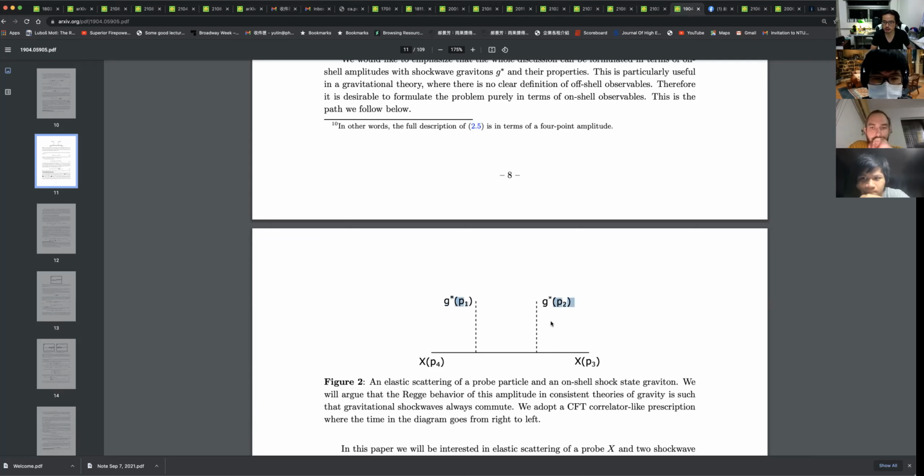So this is strictly speaking not a 4-point amplitude. But this is, however, actually a 6-point amplitude, because you can consider the limit where this is coupled to the source that emits this shockwave graviton. So you can think of there's another source here, and another source here, and then this will be a 6-point amplitude.